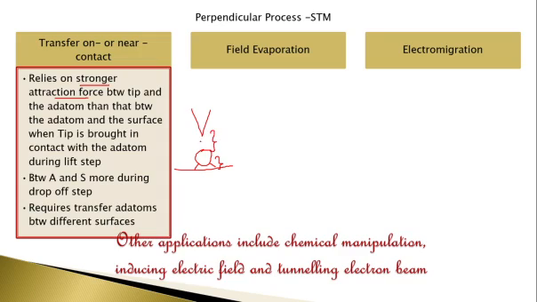If the tip is very much closer, this attractive force will be more. If the tip is at a very large distance, then what happens? The attractive force between the adatom and the surface will be more. So that is the way of lifting up the adatom. So the attraction between the atom and the surface is more during the drop off step, and it requires transferring the adatom between different surfaces.